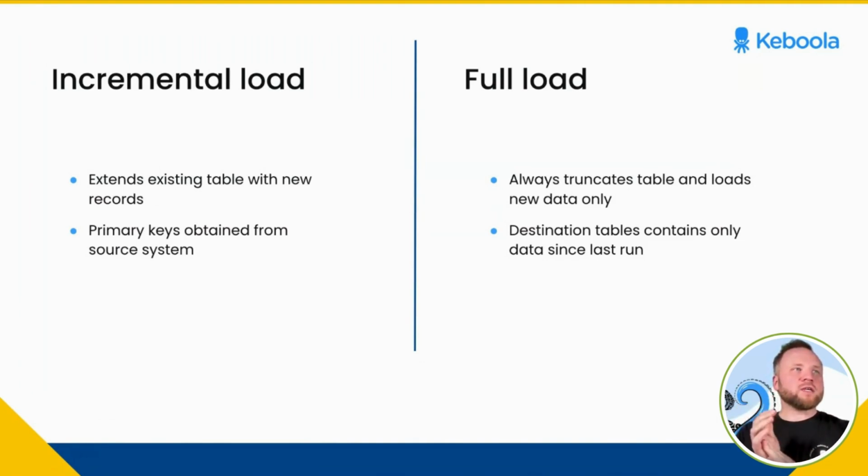So it's just extending the table with new records. If we are talking about primary keys, they are obtained from the source system. But if you choose the full load, it means that the table with the changes is always truncated, which means that as I now execute our CDC component once again, it captures only the changes which happened between the last and current run.